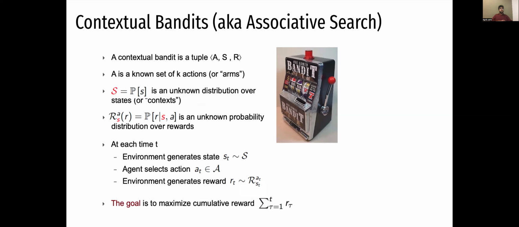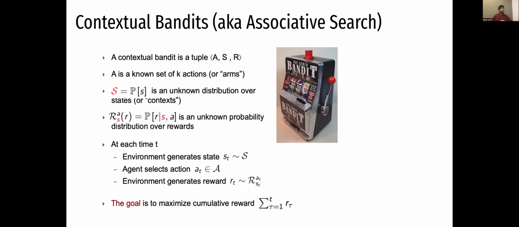So in contextual bandits, context plays a vital role. Context is information or features available at each decision point that can influence the reward. For example, in a recommendation system, the context might include user preferences, time of the day, and user history.